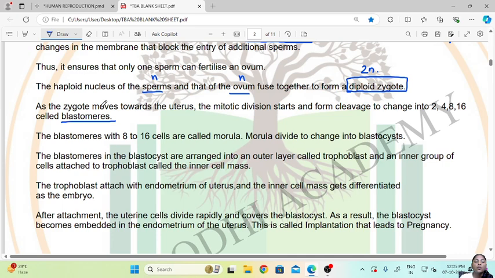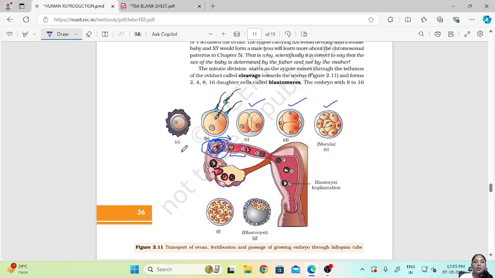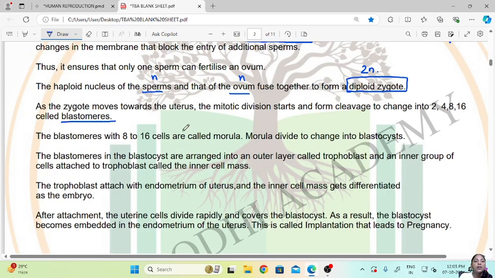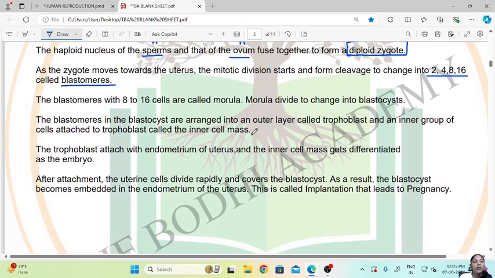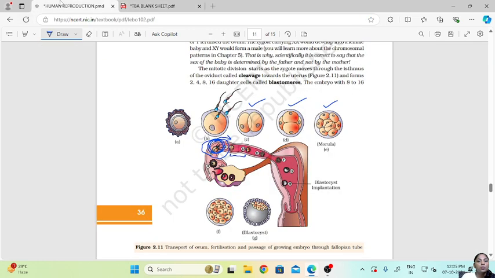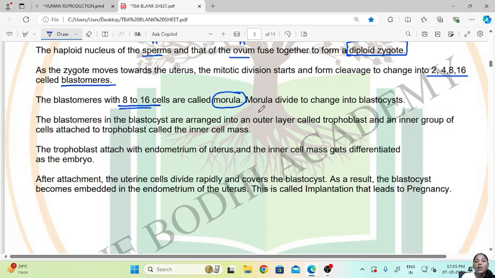As the zygote moves towards the uterus, this is the uterus, the mitotic division will start and the cleavage of cells will take place, and 2, 4, 8 and 16-celled blastomeres will be formed. The blastomere with 8 to 16 cells is called a morula. Then the morula divides to change into a blastocyst.